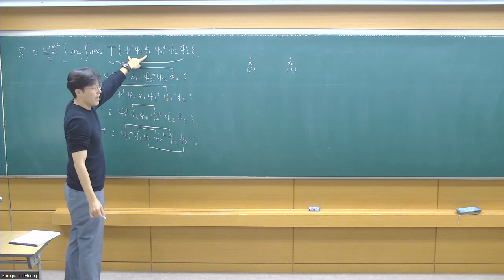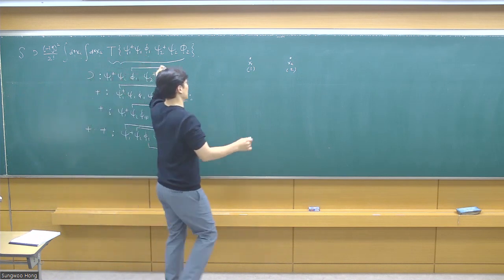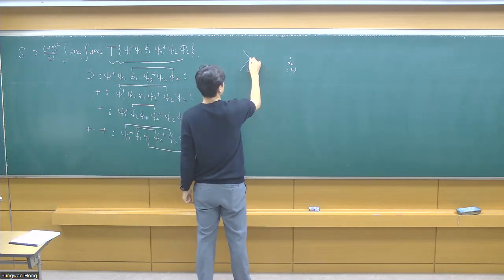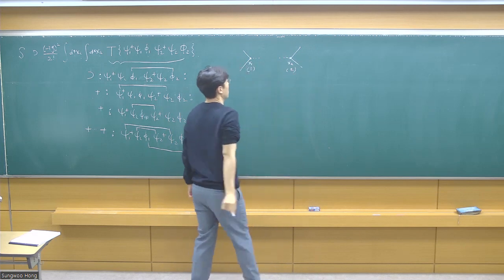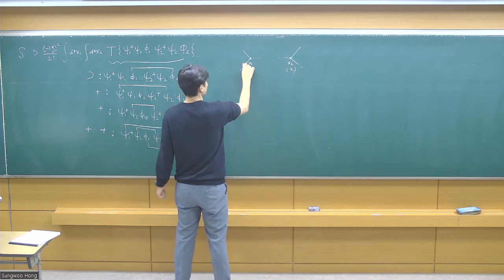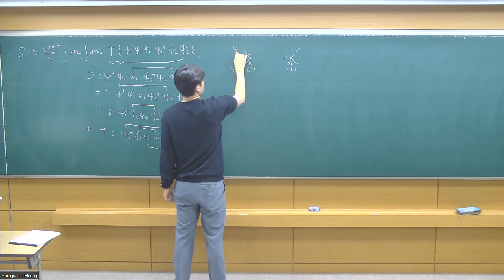At each point x there are these 3 particles coming out. I'm going to label with an in arrow for psi, out arrow for psi dagger.